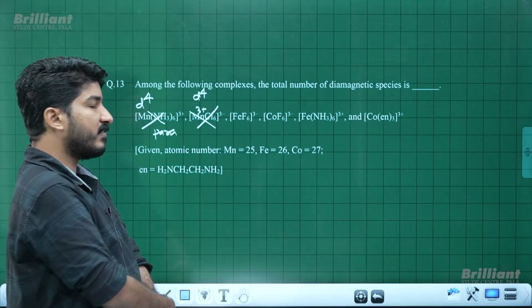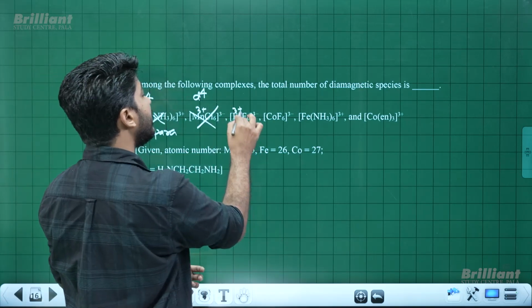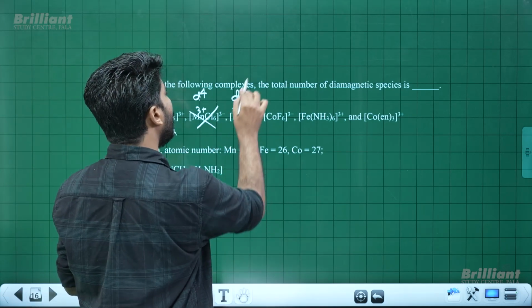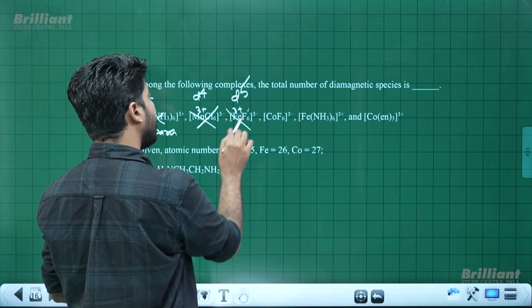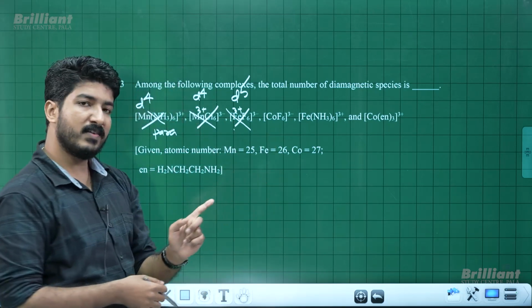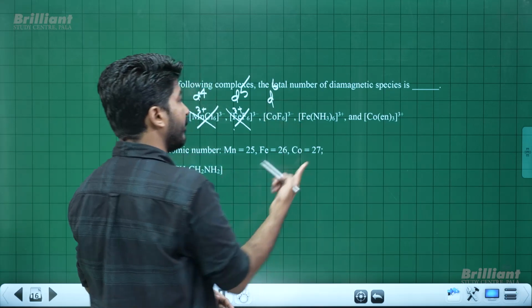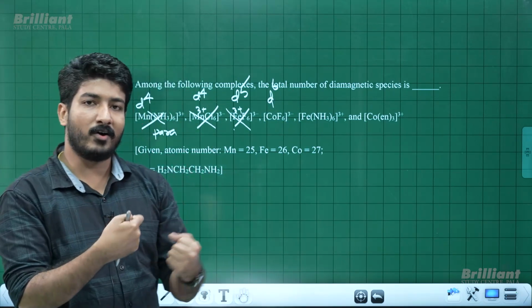Now FeF6 3-, that has Fe3+ as the central species. Fe3+ has d5 electrons, odd electrons, which is again paramagnetic. Now if you look into the next one, cobalt 3+ is the central metal. Cobalt 3+ has d6 configuration. That depends on the inner orbital or outer orbital nature of the complex.